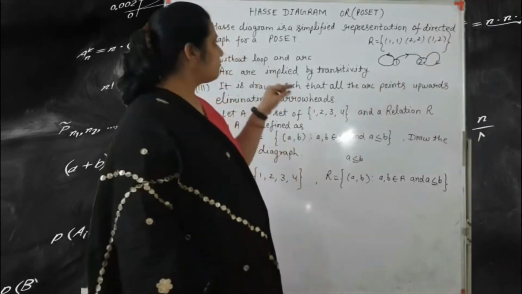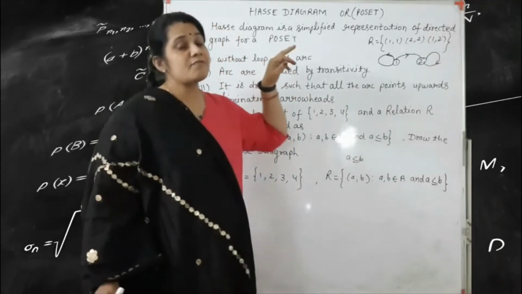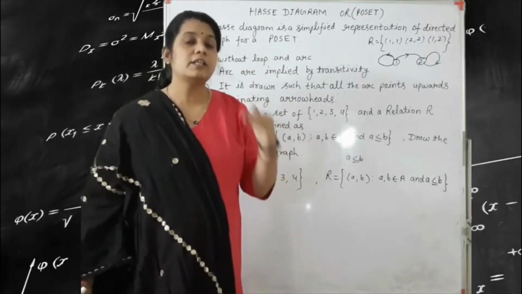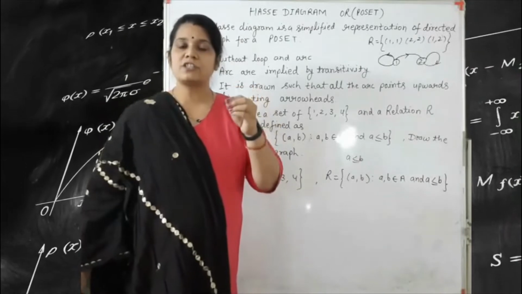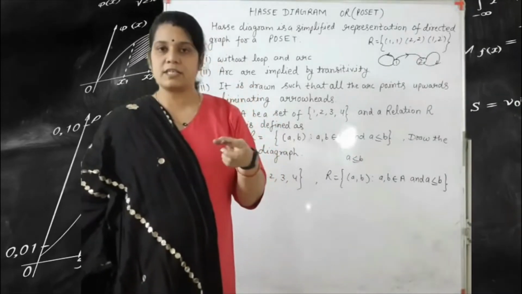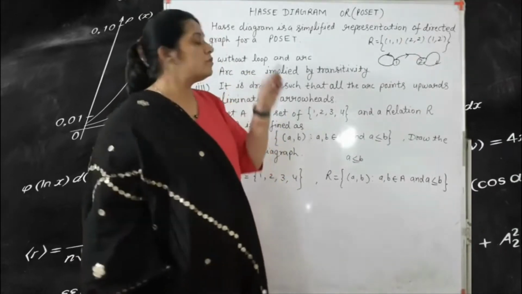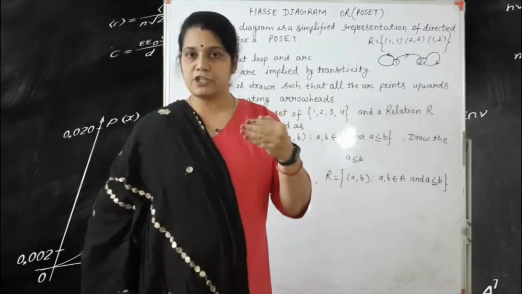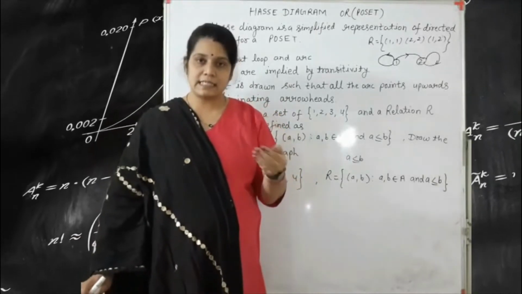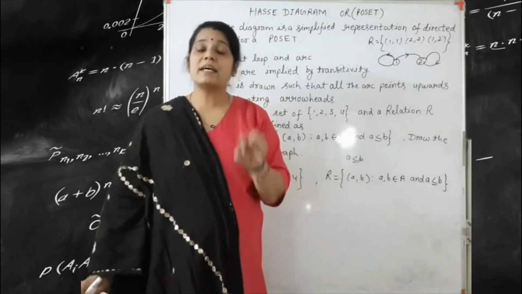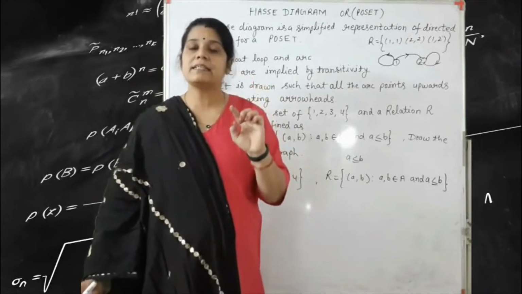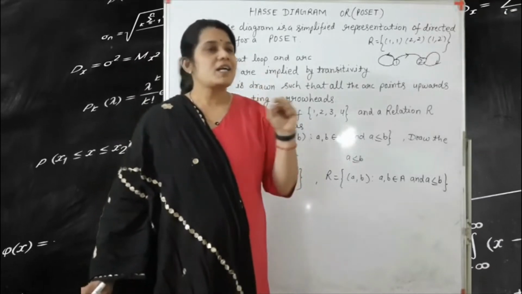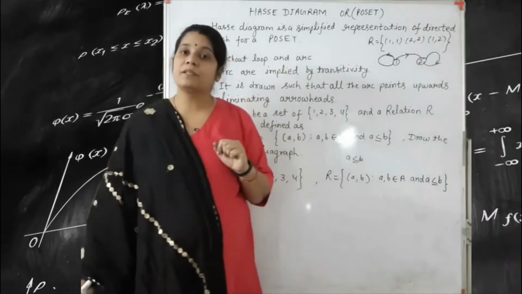So if any relation satisfies all these three conditions, then we can say the given relation is a partial order relation or poset. After that, you draw the Hasse diagram. If your relation is a partial ordered set, after that you map the Hasse diagram. In case your relation is not a poset, you can't draw the Hasse diagram.